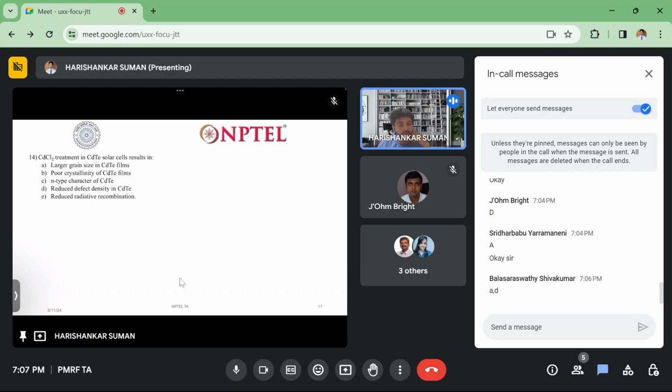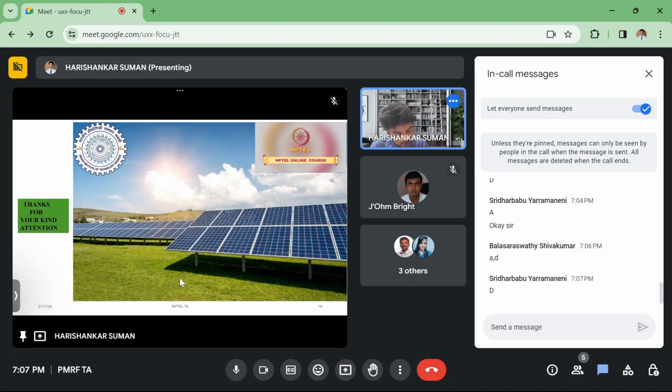Others, please answer. So let's see the answer. A and B. Larger grain size and reduced defect density.